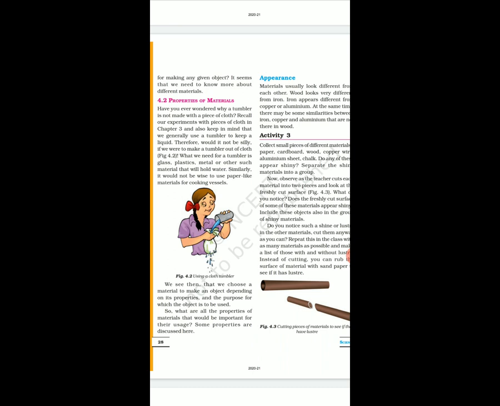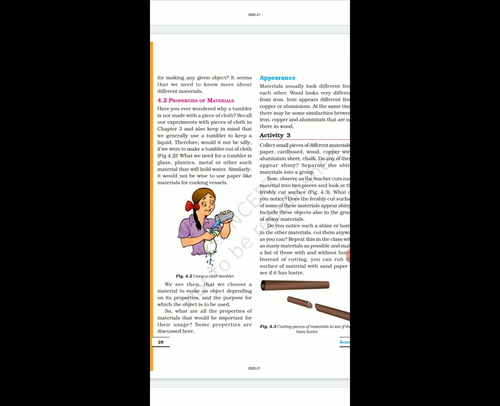Similarly, it will not be wise to use paper-like materials for cooking vessels, right? Just as I said, if a cooker is made up of plastic, or if it is made up of paper, then it can't work. So the materials used to make things are based on their uses.